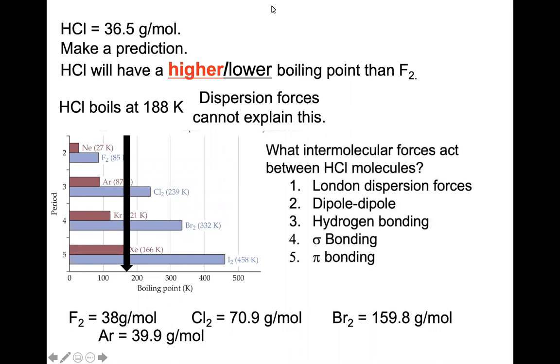Let me send you a poll on that one. So within HCl, tell me about the intermolecular forces present. What intermolecular forces are going to be present in HCl?